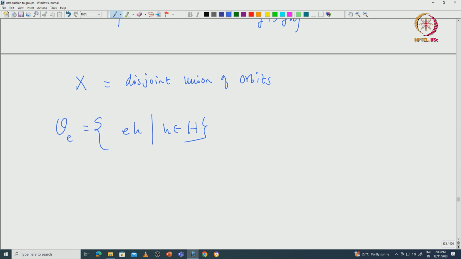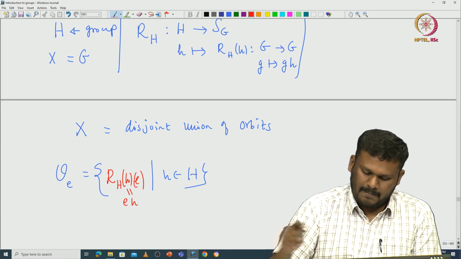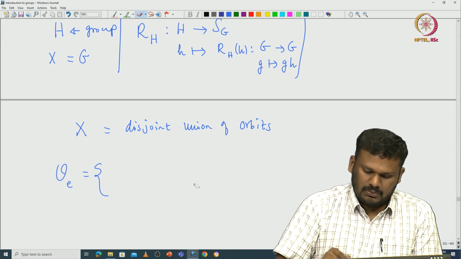Okay. So by definition, this is exactly R_h applied on the identity, so that is going to be just eh. Okay, let me rewrite because of some confusion.